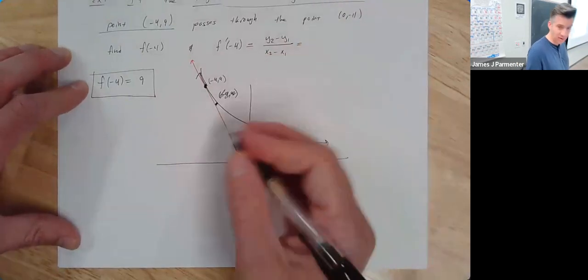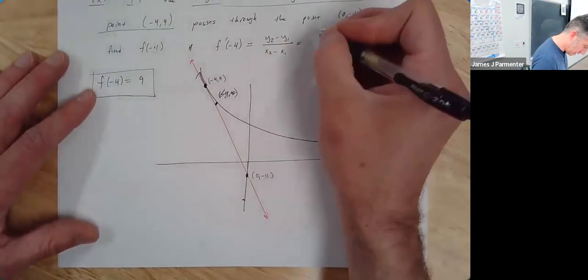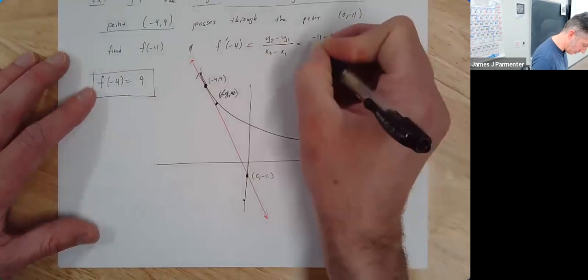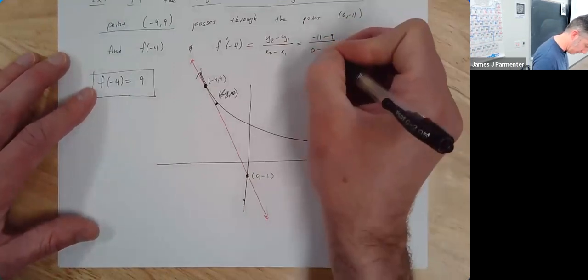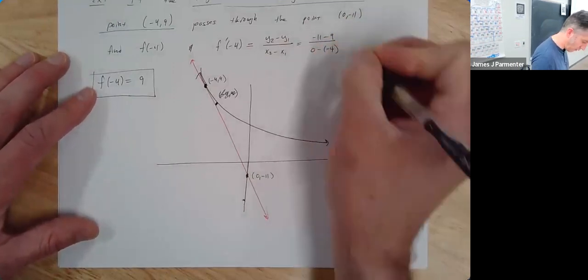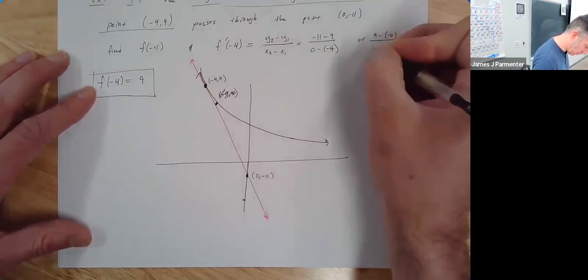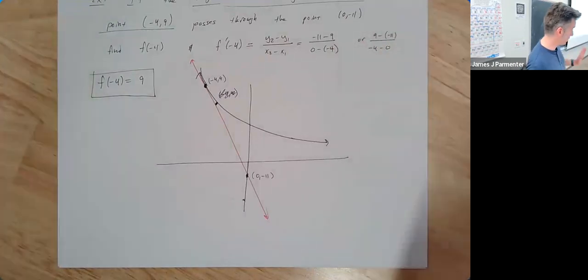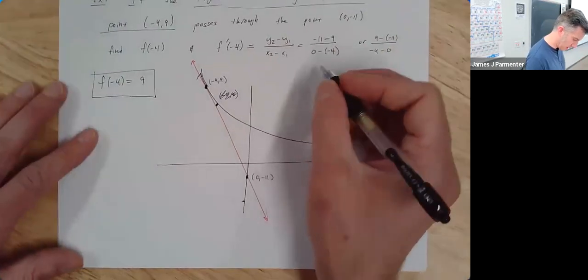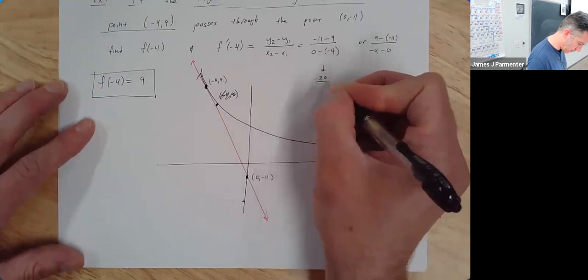It doesn't matter which way you do it. I'm going to do -11 minus 9 over 0 minus -4. Or if you prefer, you could do 9 minus -11 over -4 minus 0. Either way is correct.